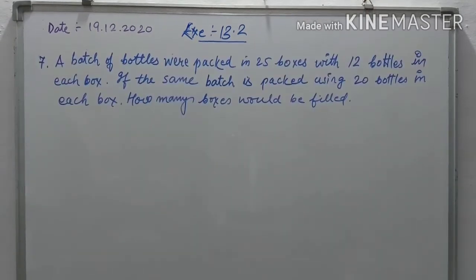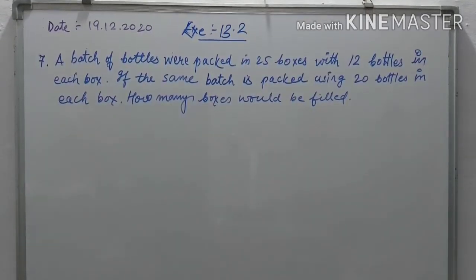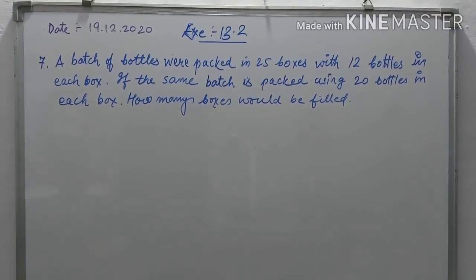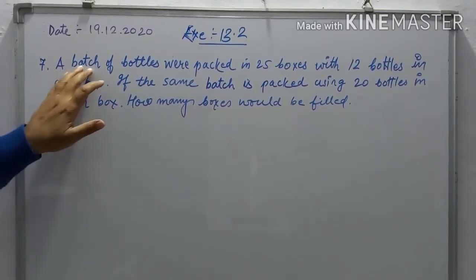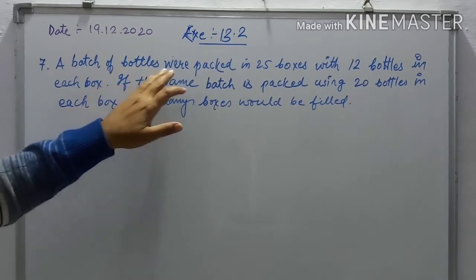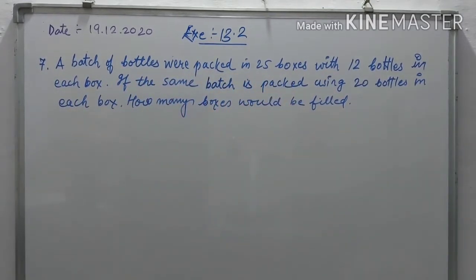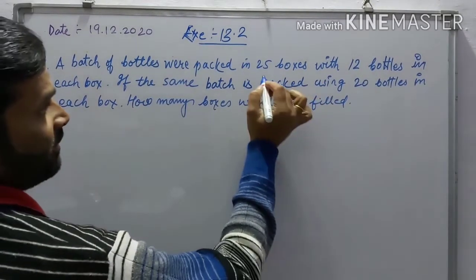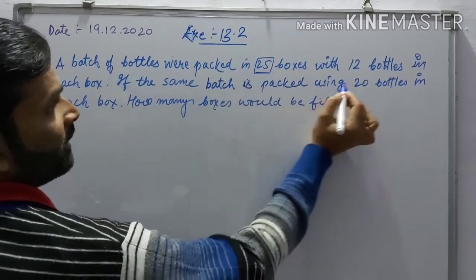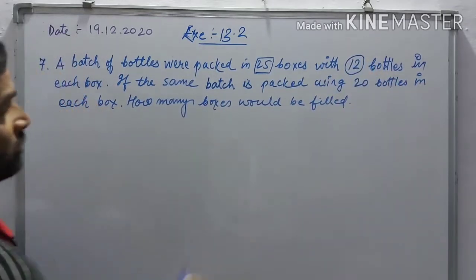Question number 7: A batch of bottles is packed in 25 boxes with 12 bottles in each box. The total number of boxes is 25 and each box has 12 bottles.